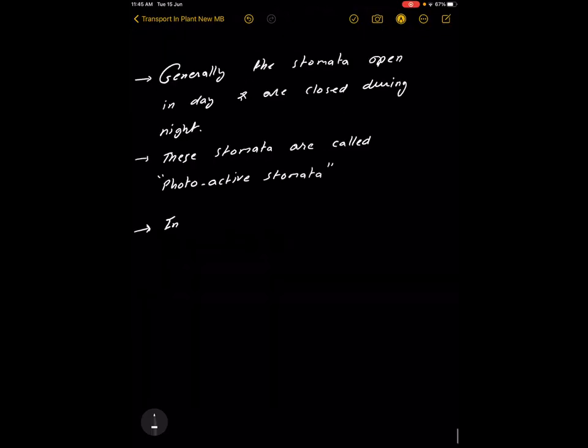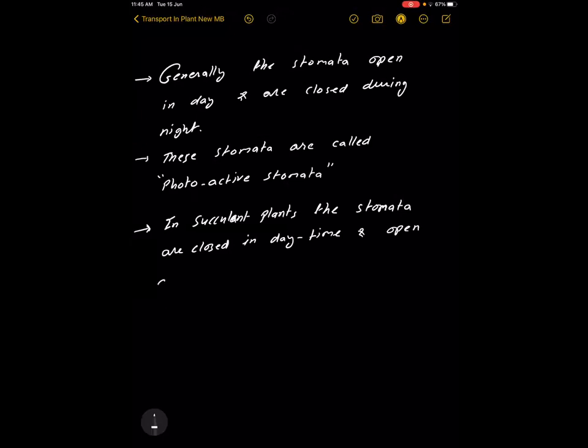In succulent plants, the stomata are closed in the daytime and open during night. So they have different terms.